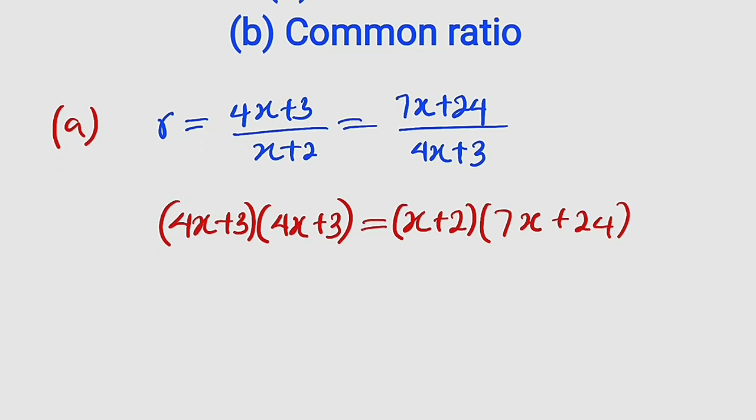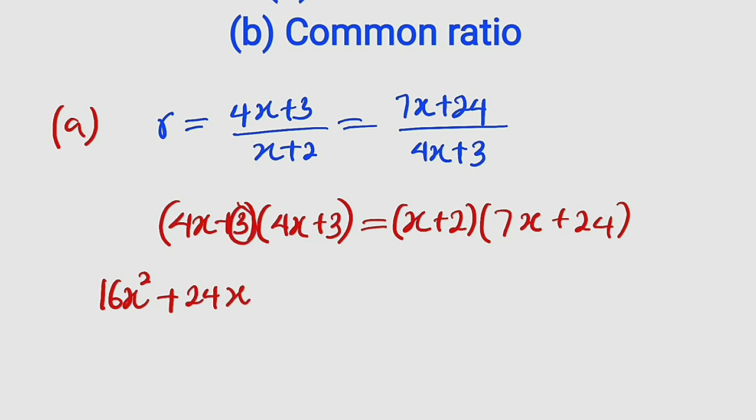Let's expand. These two terms are exactly the same, so we can apply binomial expansion to the power of 2. We take the first term, we square that, which will give us 16x squared, then plus 2 multiplied by 4x, that will give us 8x, and that 8x multiplied by 3 will give us 24x.